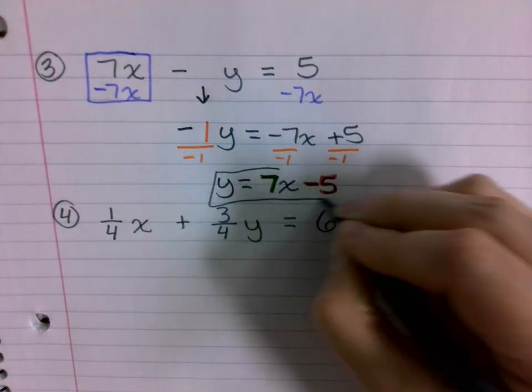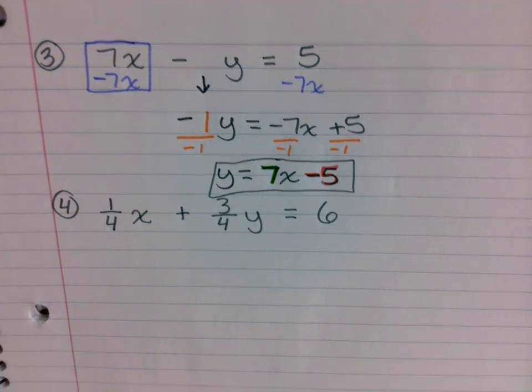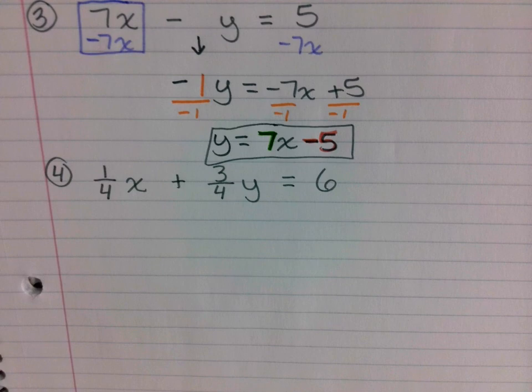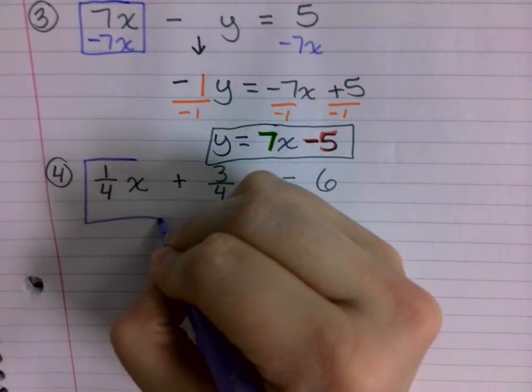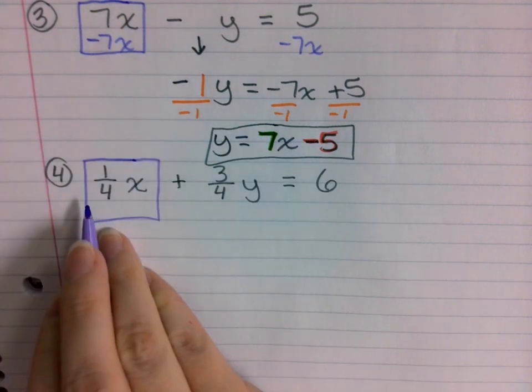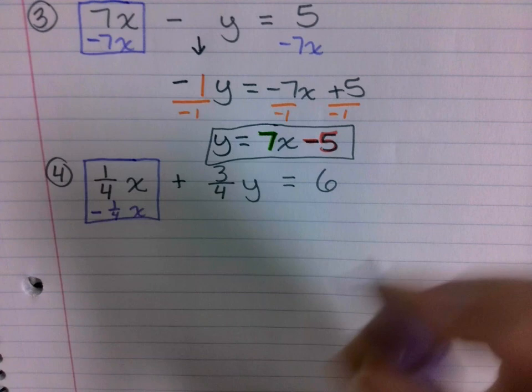Okay, for problem number 4, we have 1/4 x plus 3/4 y is equal to 6. First, we're going to go ahead and do the opposite of 1/4 x, which is to subtract 1/4 x from both sides.